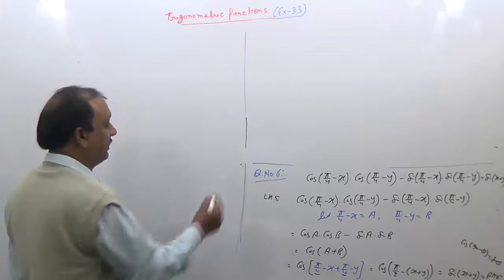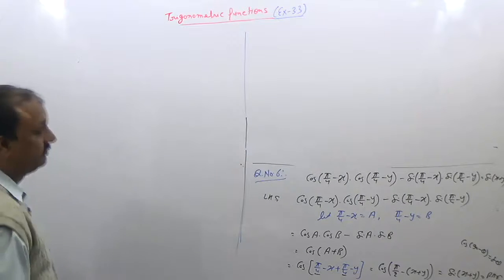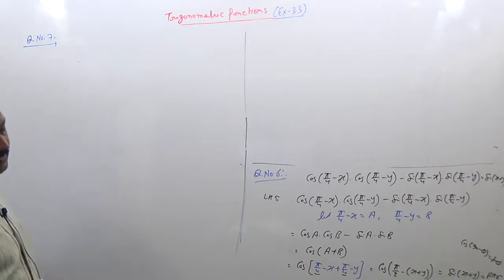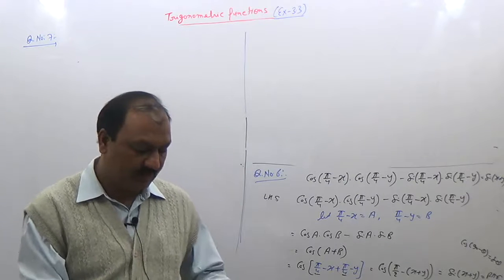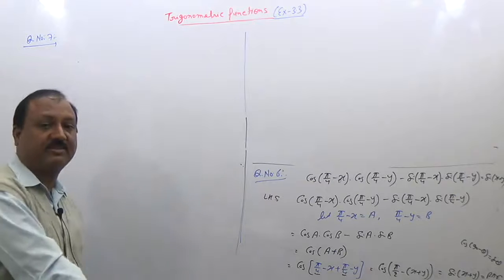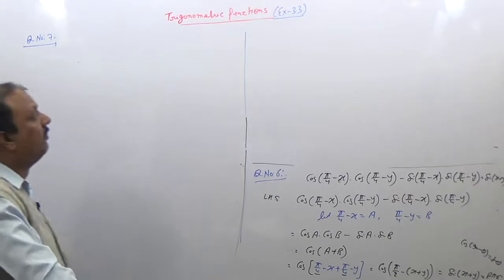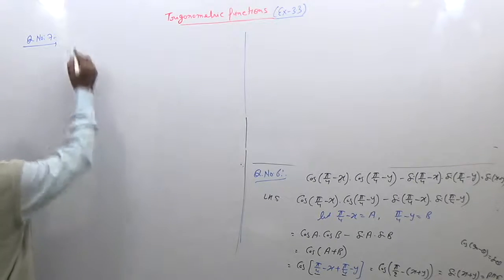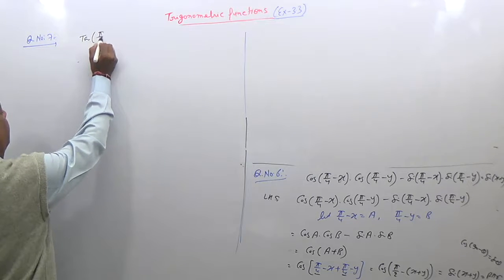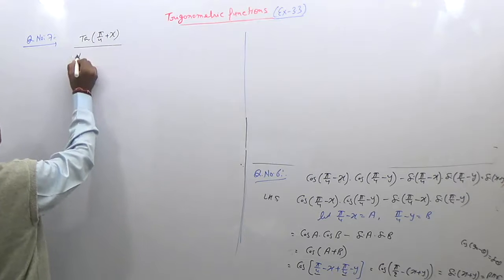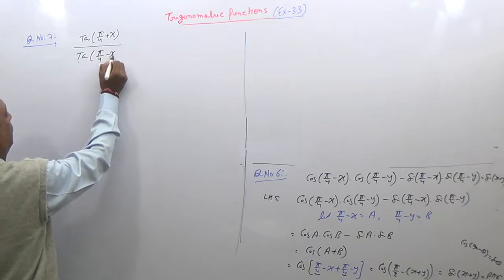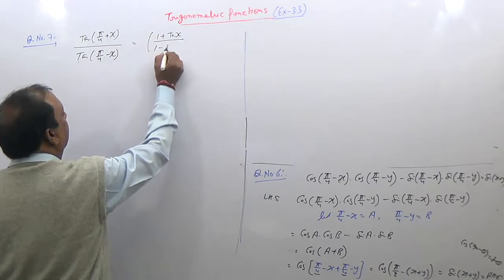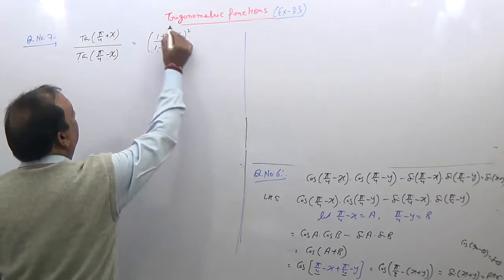Now question number 7. Prove that tan(π/4 + x) upon tan(π/4 − x) is equal to ((1 + tan x)/(1 − tan x)) whole square.